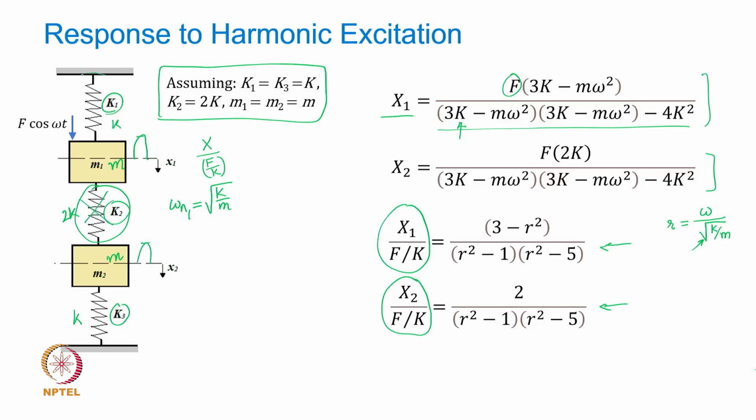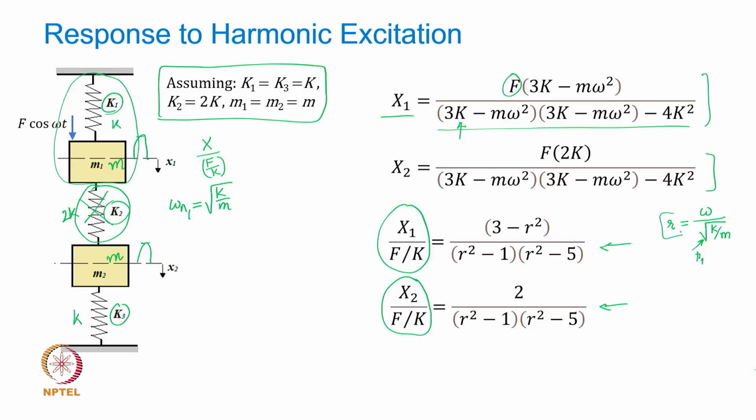And it also turned out, and we discussed, that this is almost like acting like an independent single degree of freedom, which will have natural frequency square root of k by m. So in a way this is the first natural frequency of the two natural frequencies of this system. So instead of using omega n, I am using p1 as the first natural frequency for non-dimensionalizing, so the forced frequency ratio is equal to omega by square root of k over m.